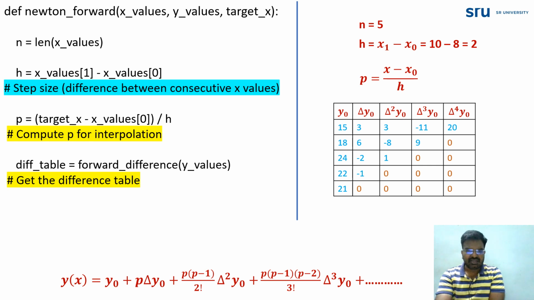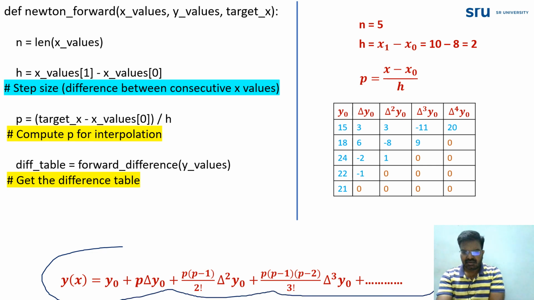Now you can see, already this is Newton's forward interpolation formula. You can observe here in this formula we have to substitute forward differences and the variable p.